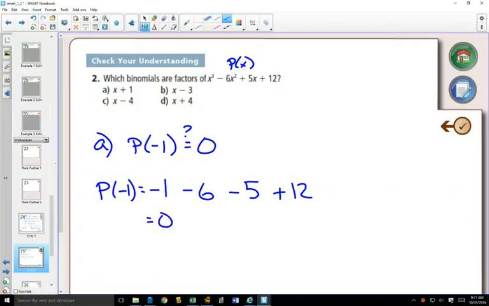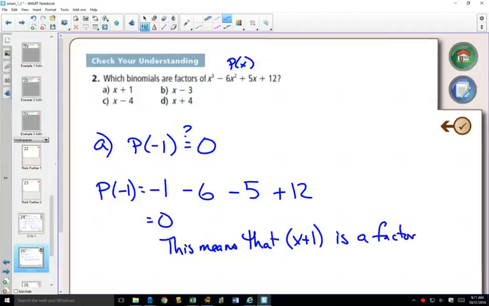It's equal to 0, which means that x plus 1 is a factor.